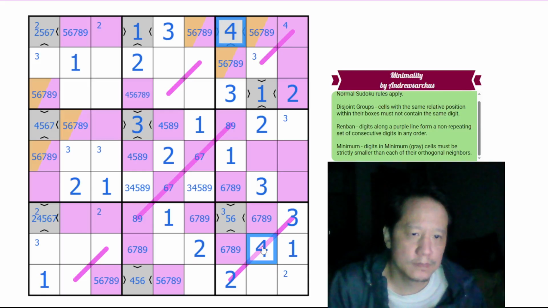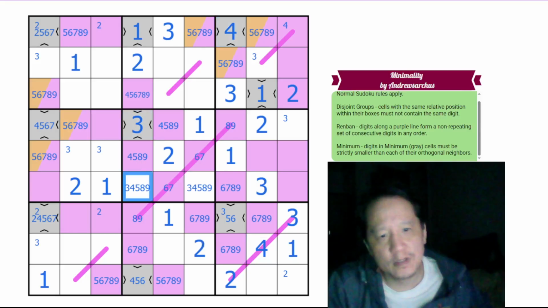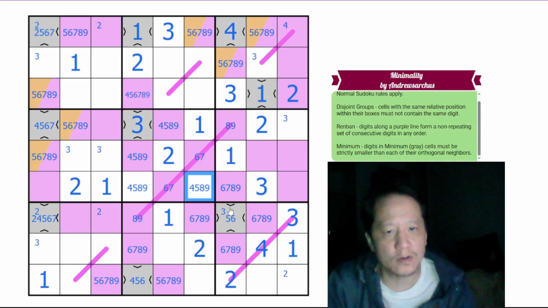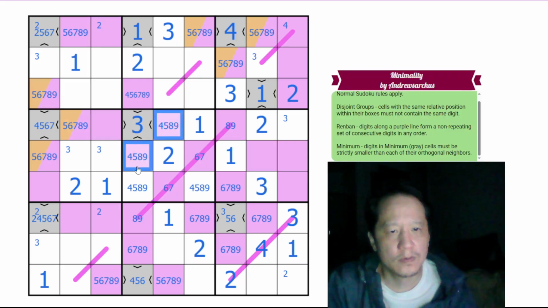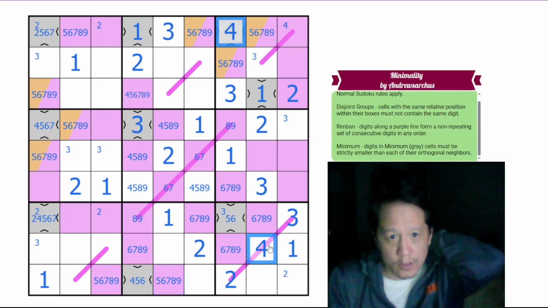Hmm. 3 eliminates 3 from being here. Does that help?